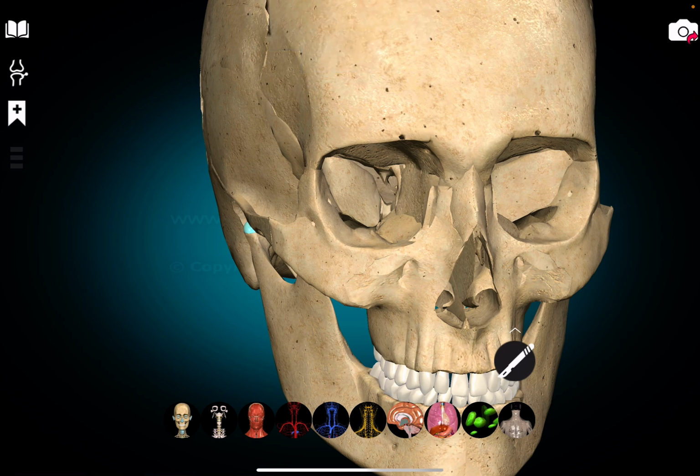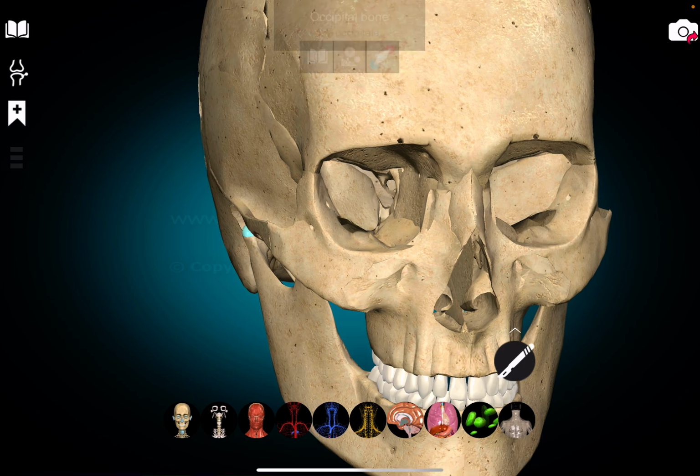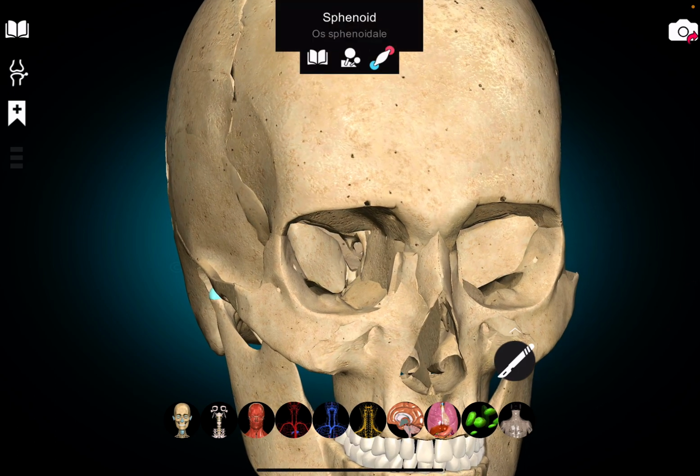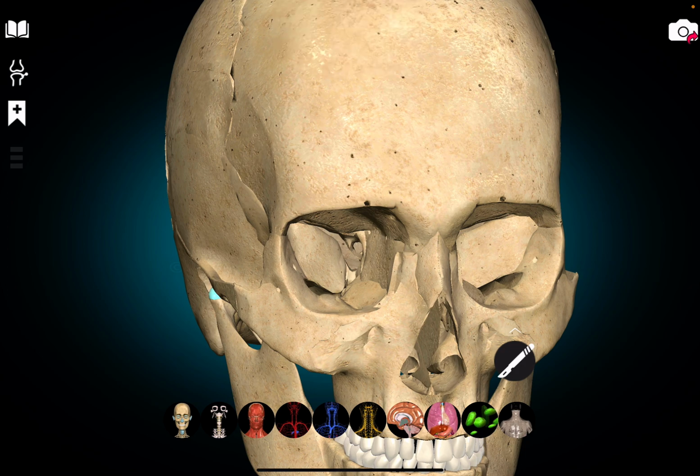And as the lesser wing approaches, you see the lesser wing is in the superior margin of the superior orbital fissure. As it approaches the body, it divides into two, enclosing a foramen, which is the optic foramen. So that's how these fissures are formed.